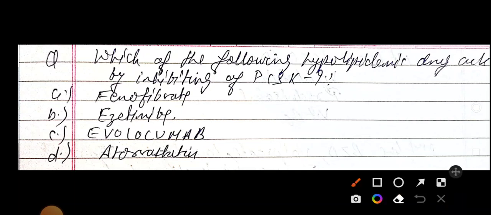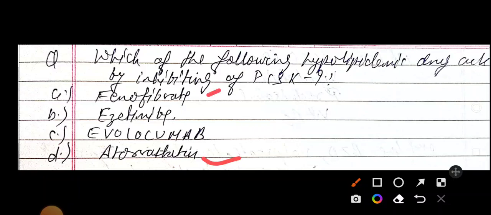Which of the following is a hypolipidemic drug that acts by inhibiting PCSK9? Okay, PCSK9. Option A fenofibrate, option B ezetimibe, option C evolocumab, option D atorvastatin. So which one? So guys, you know atorvastatin acts as an HMG-CoA reductase inhibitor, okay, and ezetimibe acts through the intestine, and fenofibrate is a PPAR alpha agonist.